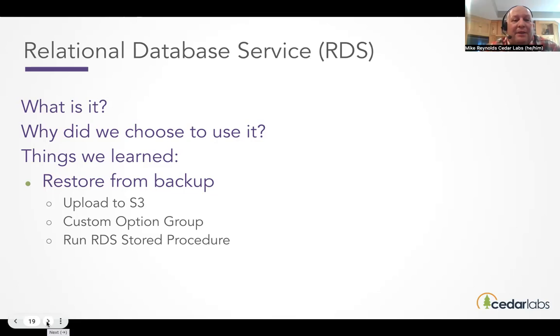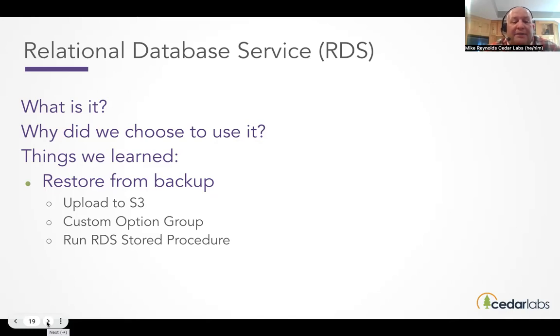So the first thing we learned was, when we need to deploy the Generate data warehouse, or the CEDS data warehouse, we get the backup file, and the way that you get that backup file from GitHub into the RDS is you upload it to S3, the cloud native file system in AWS.